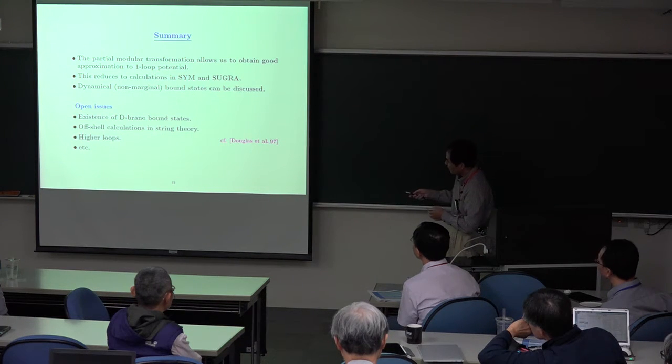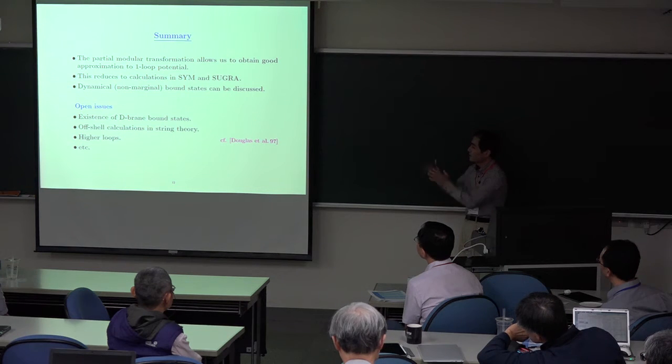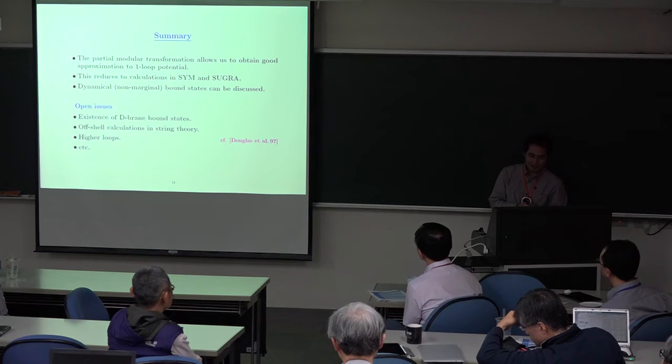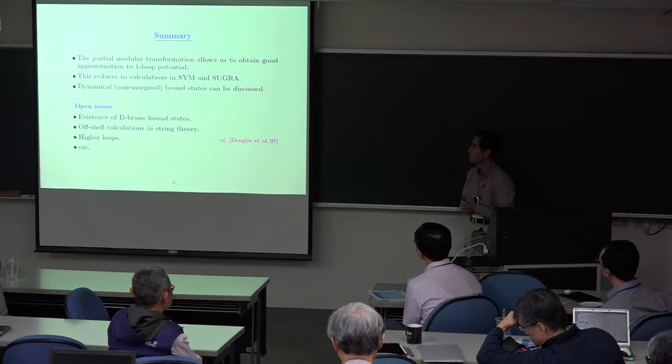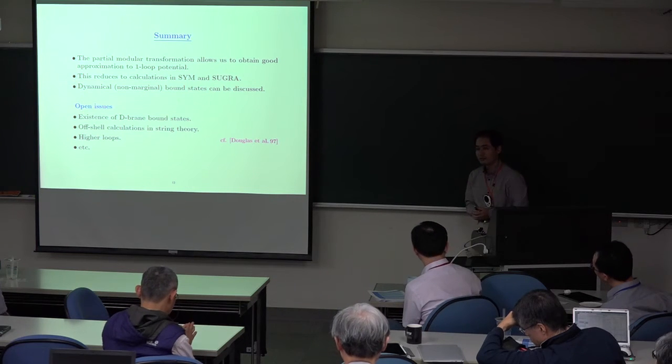There are several possible future works, and I hope that this kind of method will give us some very handy machinery to compute some official quantities in string theory. Okay, thank you for your attention.